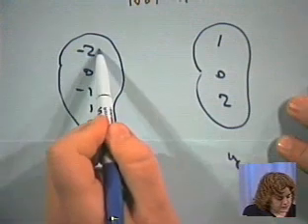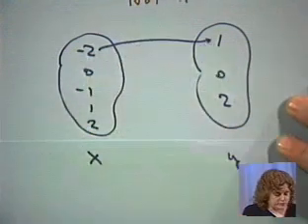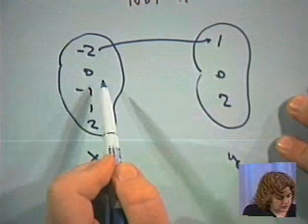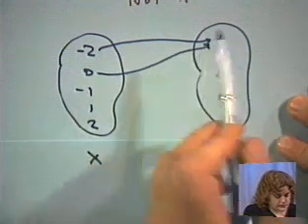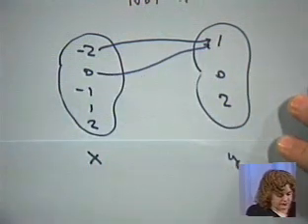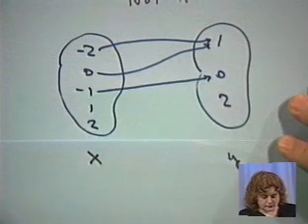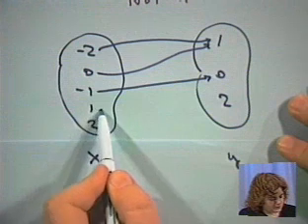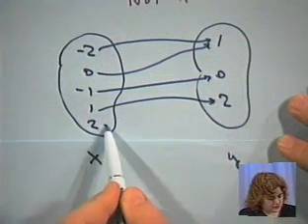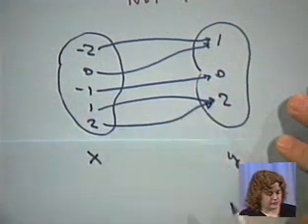Well, the -2 is going to give us a 1. We put a -2 in. And the 0 is also giving us a 1 in this example that I'm drawing out here. The -1 gives us a 0. And the 1 gives us a 2. Also, the 2 gives us a 2.